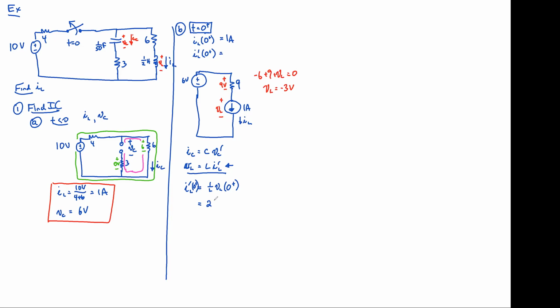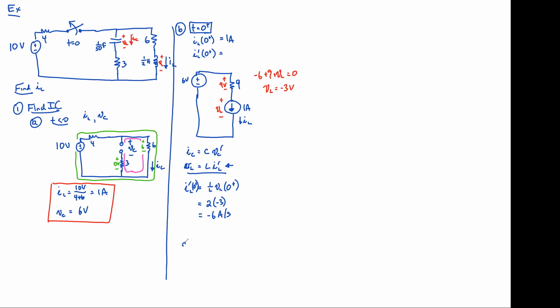And now we can use that equation down here to find that the derivative of the current is equal to -6 amps per second. Just like a current is in amps, a derivative of a current is a change in current, so it's amps per second.